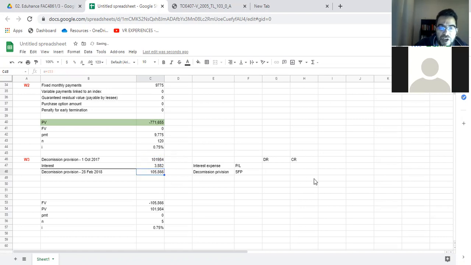So the journal entry would have been debit interest costs 3,882 and credit provision with 3,882. Your initial amount of the provision on 1 October was 101. Now at 28 February, you process the journal entry like that. So your provision for the decommissioning at 28 February 2018 is 105,886. Okay, so that's what happened.